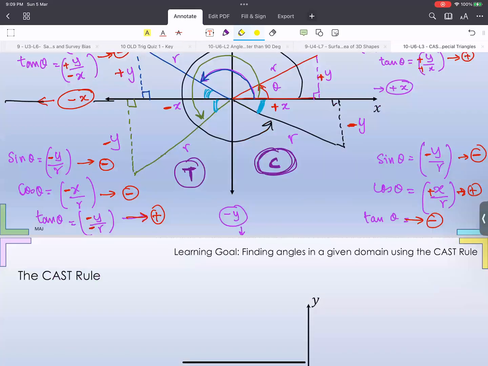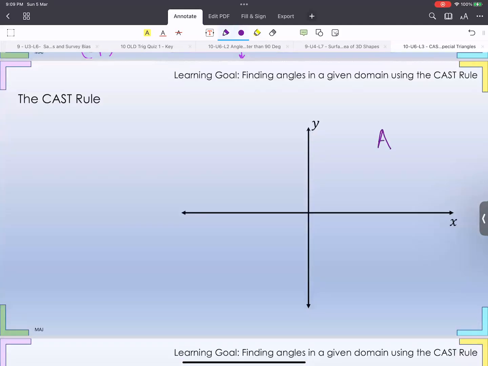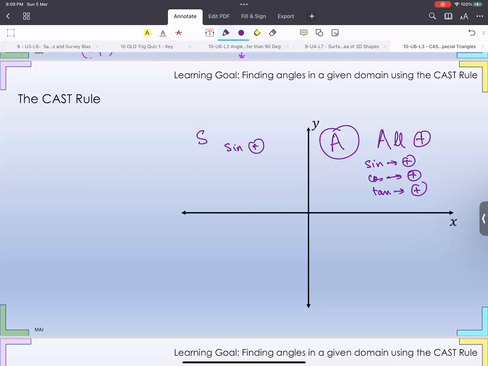All right, so essentially, quick summary. All positive, okay? That means sine is positive, cos of theta is positive, and tan is positive. Okay, that's the A. S stands for only sine is positive. Okay, that means sine is positive, cos is negative, and tan is negative, right?